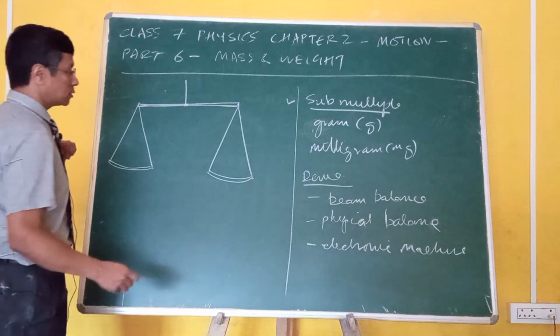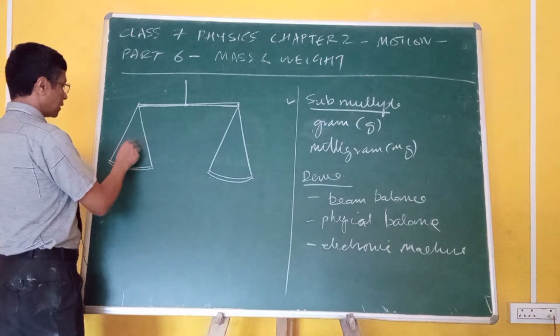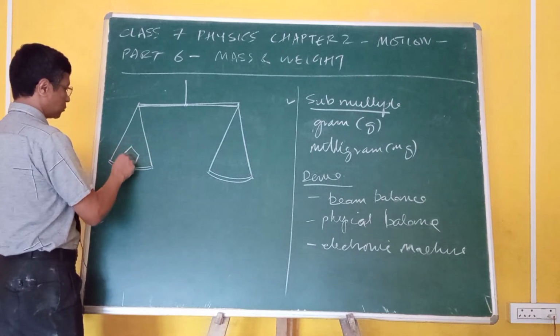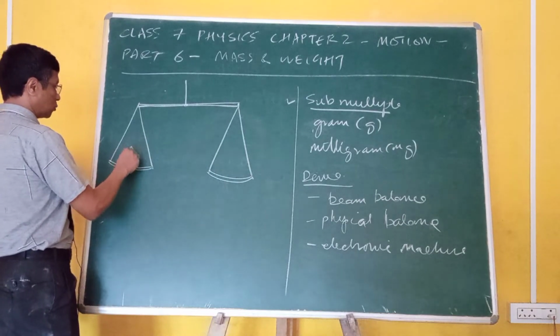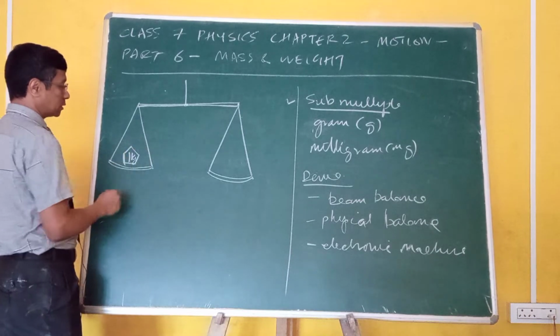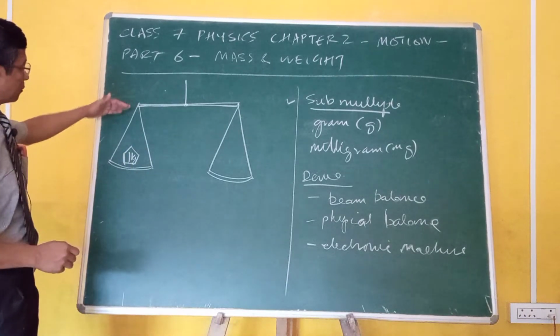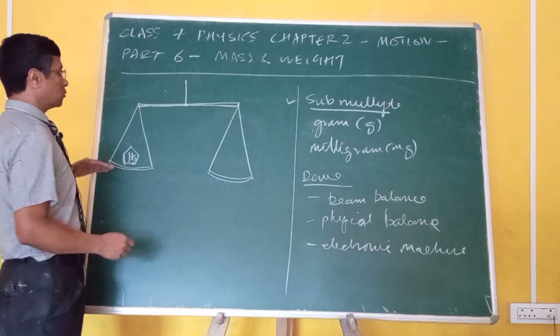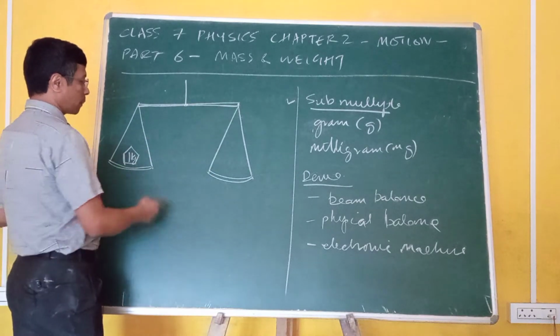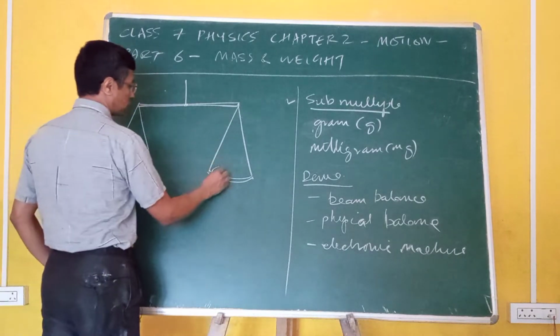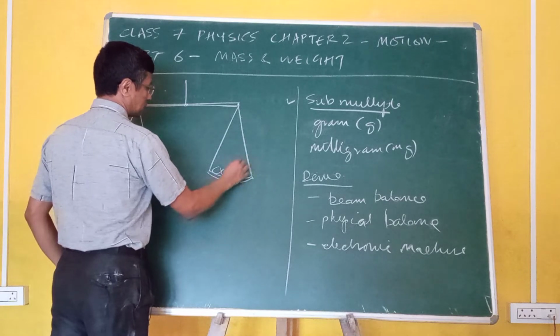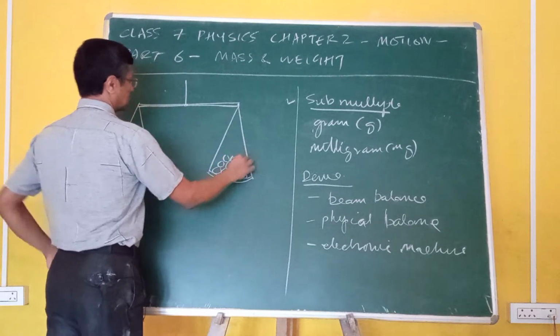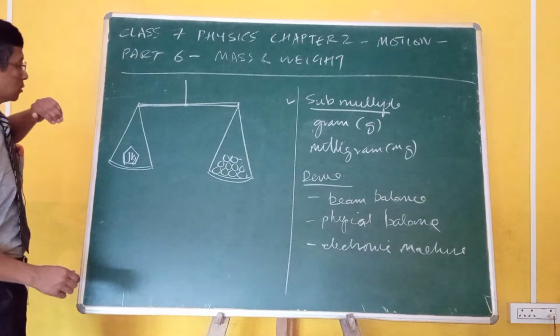How this is used is, on one side we put a standard weight which is known, for example a 1 kg weight. This will cause that side of the pan to be heavy and come down and unbalance it, and whatever you are trying to weigh we put on the other side until the beam is horizontal.